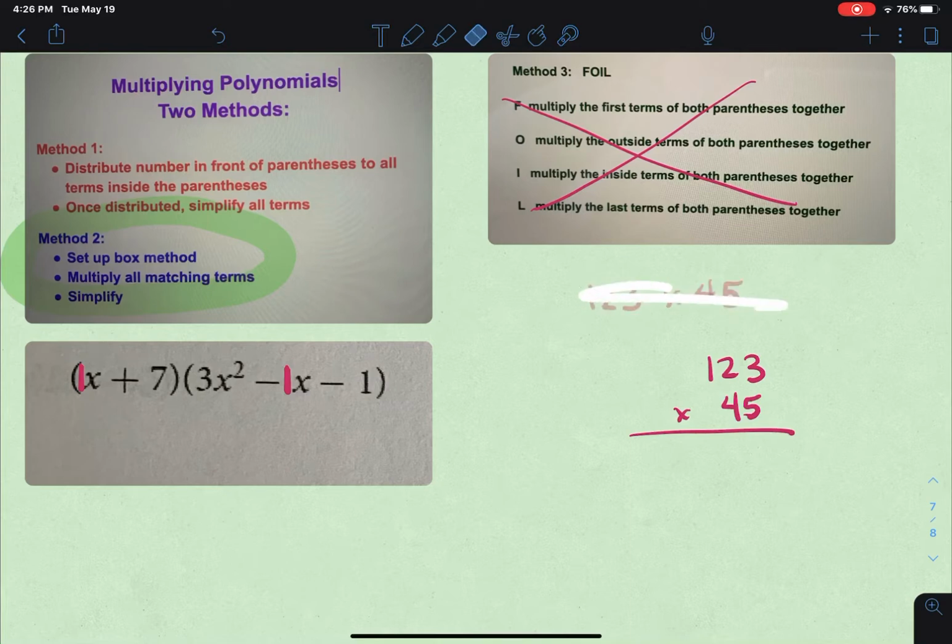Now, we're going to do the same kind of idea with this problem. So on this one, this has the least amount of terms, so I am going to put that down the side.